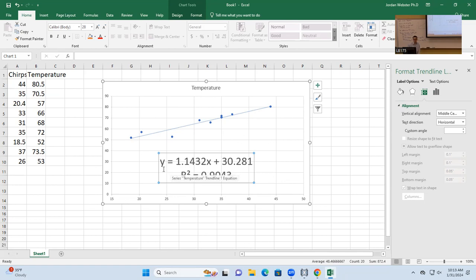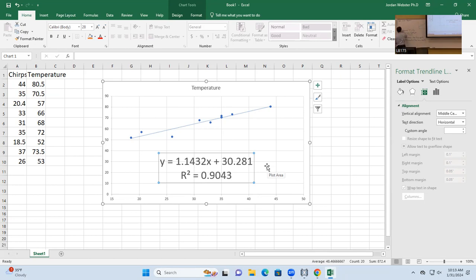So you can see that the trend line is y equals 1.1432x plus 30.281. And the R squared is 0.9043.